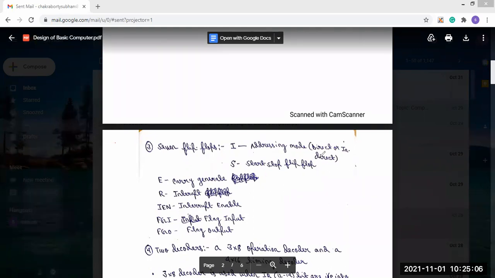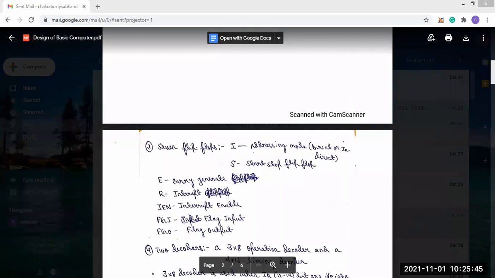Then the start-stop flip-flop, then the carry generate flip-flop, then the interrupt flip-flop, which is used for interrupts. Then IEN, the interrupt enable flip-flop, and FGI, flag input, and FGO, flag output. So these 7 flip-flops are necessary for designing the hardware components of a basic computer.